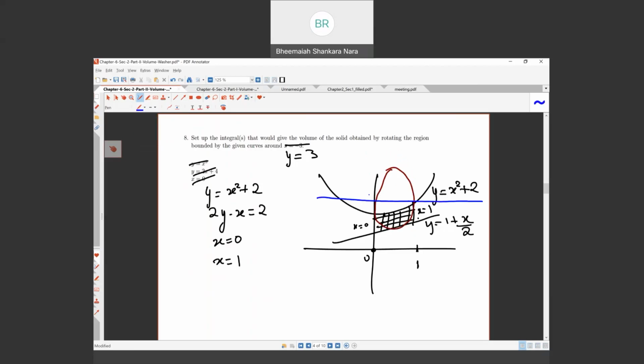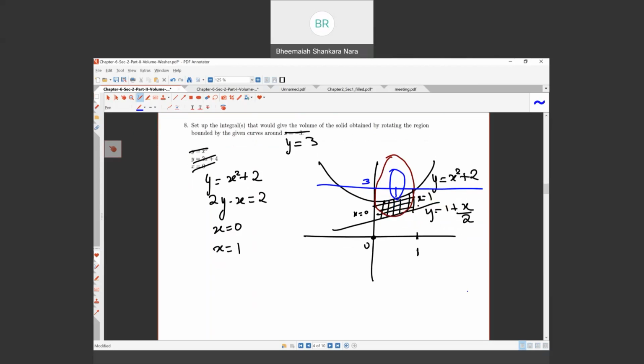So the inner disk will be right here. And this will be the inner radius. So let's calculate the inner radius, which is bounded by the line y equal to 3 and the parabola y equal to x squared plus 2. When we subtract and simplify, all we get is 1 minus x squared.